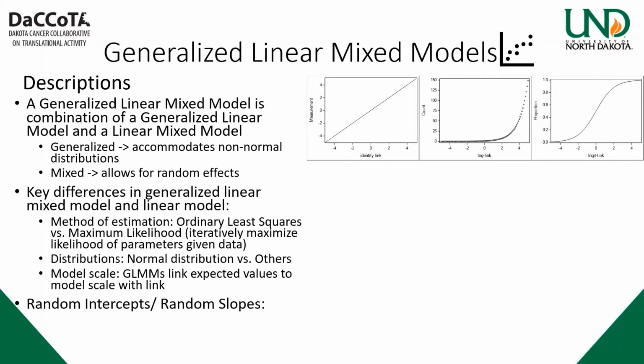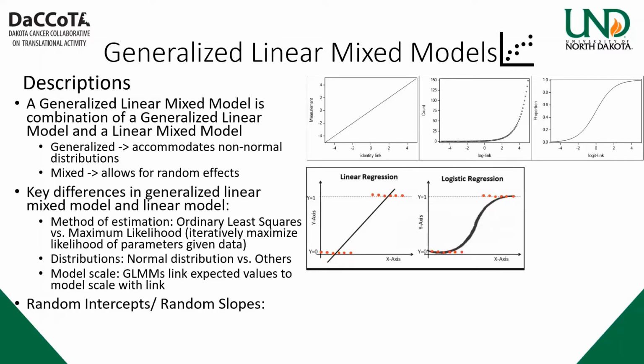Let's do a quick example to flesh out a little bit more why links matter. Say you have a y variable that's binary, 0 and 1. If you try to do a linear regression, you get this best estimate line that goes above 1 and below 0, which is impossible for the data you have.